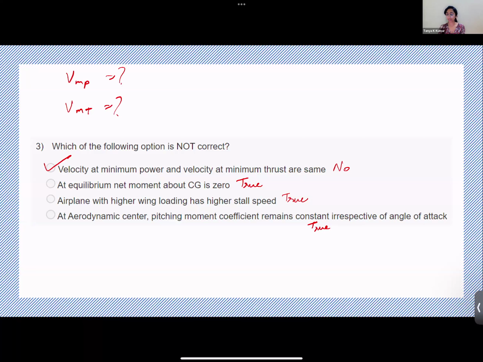Just remember the equations for CL at both these conditions and then plug it into your typical V equation. V equation is under root 2W by S rho CL. So this CL will change for minimum power and minimum thrust. Just recall those equations and tell me what VMP and VMT are.